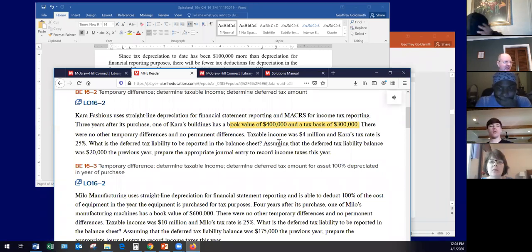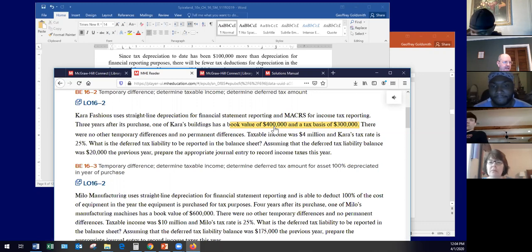Okay, so y'all are drawing a blank on that. What that means is it's the cost minus the depreciation. The question was, if you're looking at my share screen right now, you see what I've highlighted in yellow there. It says the building has a book value of $400,000. So that's its cost minus its accumulated depreciation.